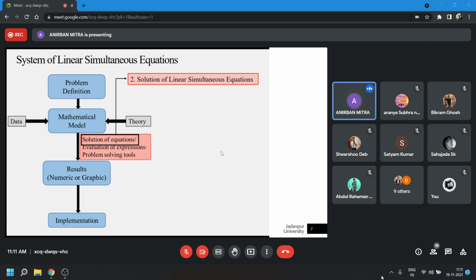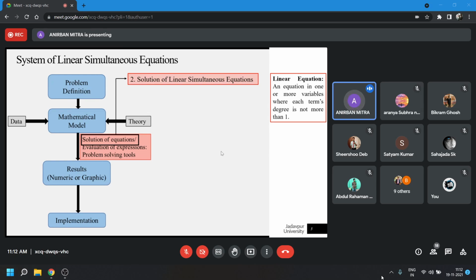So first of all, let us try to see what this system of linear simultaneous equations is. Or rather, what is a linear equation? Now, a linear equation is one where the variables involved in the equation do not have powers of more than 1. So that means if x is the variable, you do not have terms such as x square, x cube, x to the power 4, and so on.